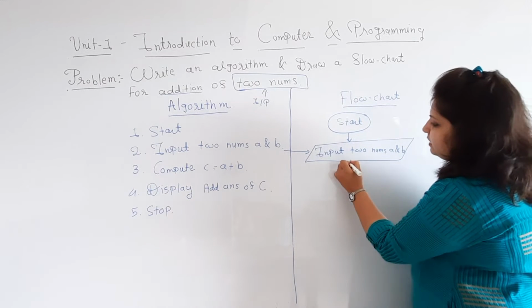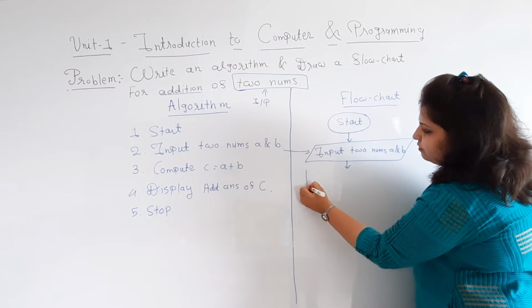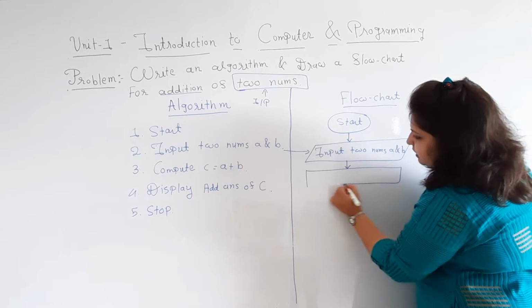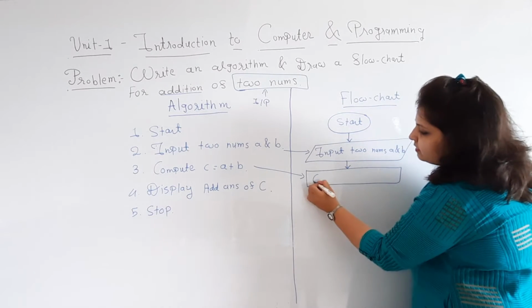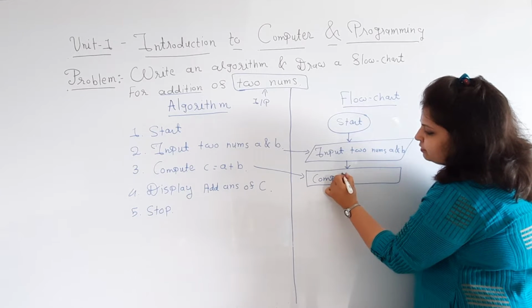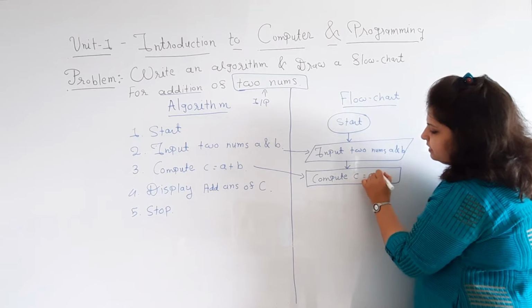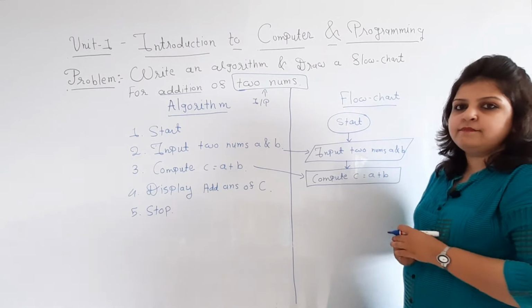So again we need an arrow for data flow, and in the rectangle we have to write the same statement: compute C is equal to A plus B.